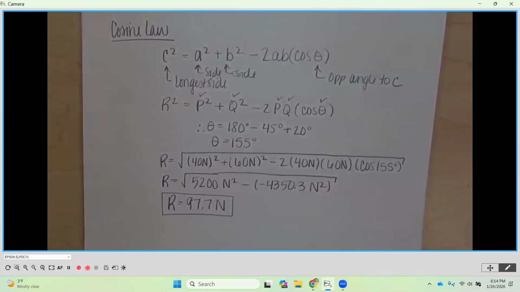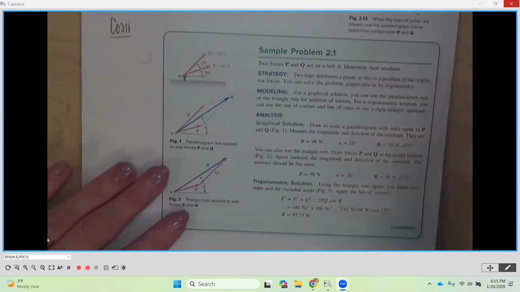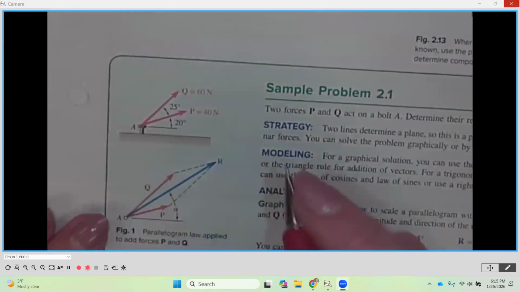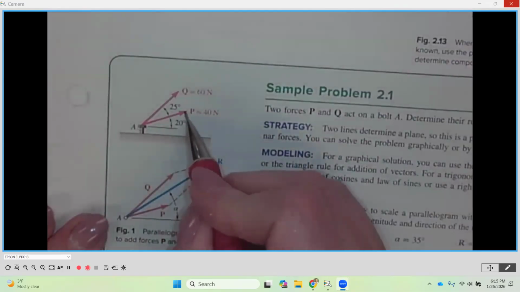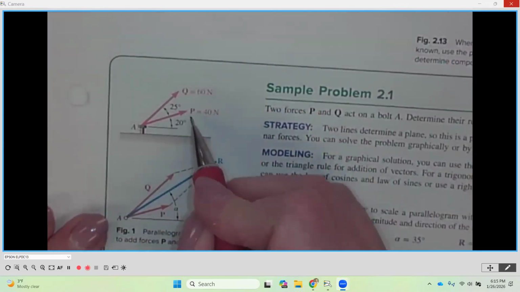Any questions at all? I see that there's, if P and Q are the same angle, it would be a straight line. No. See, in this case, you'll notice, David, I know what you're asking. In this case, only if Q would be at a 20-degree angle from horizontal.